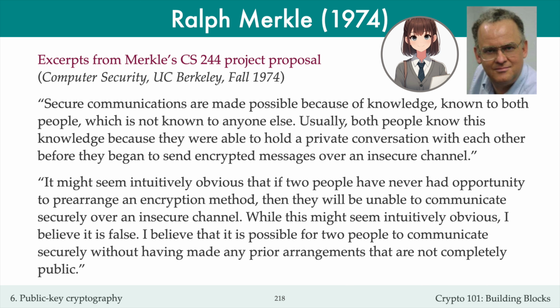It might seem intuitively obvious that if 2 people have never had opportunity to prearrange an encryption method, then they will be unable to communicate securely over an insecure channel. While this might seem intuitively obvious, I believe it is false. I believe that it is possible for 2 people to communicate securely without having made any prior arrangements that are not completely public.